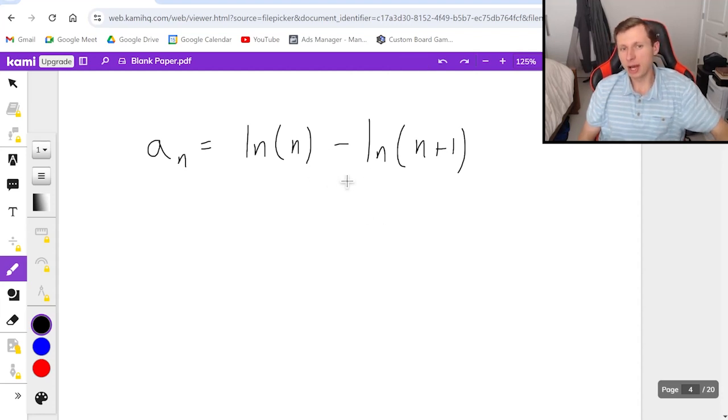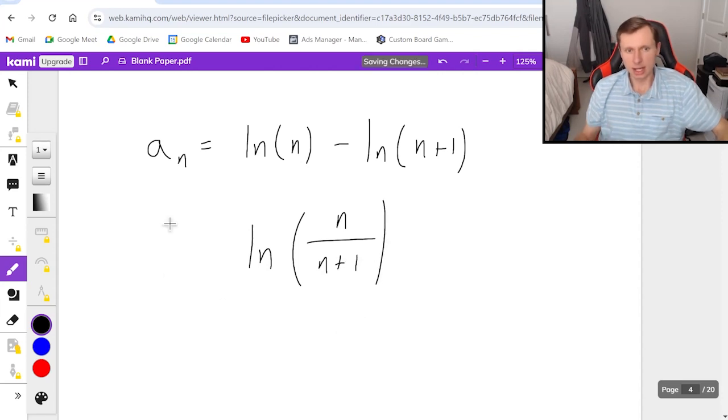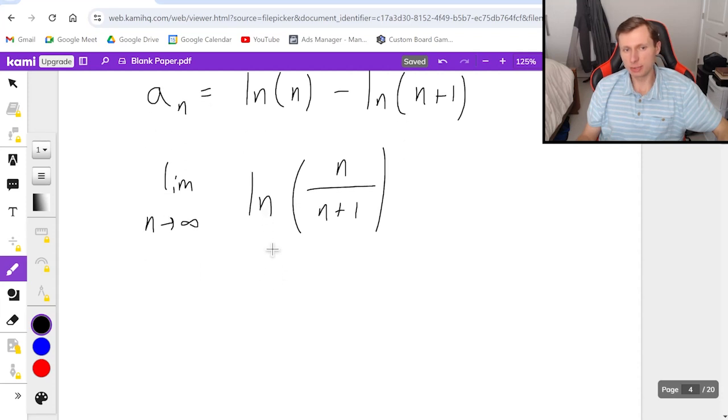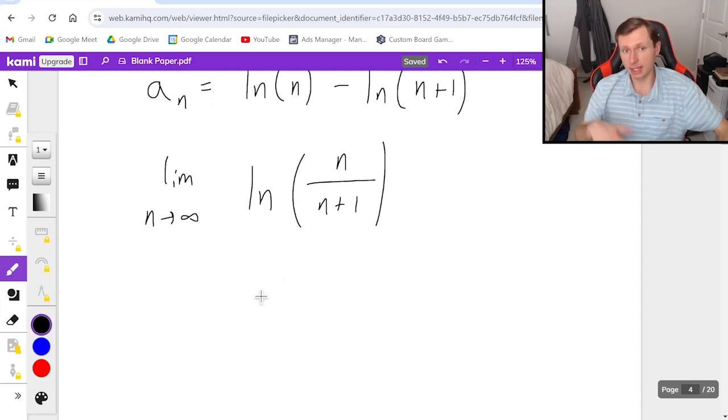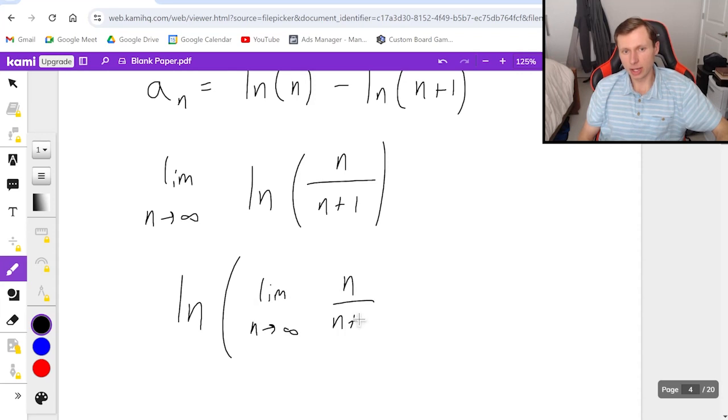So first, how do I combine these two logarithms? Because it's minus, it's really division, so it's natural log of n over n plus 1, and I need to take the limit of this. Now, I don't know if you know this, but you can actually reorder a limit and a natural log. So really, I have the natural log of the limit as n goes to infinity of n over n plus 1.